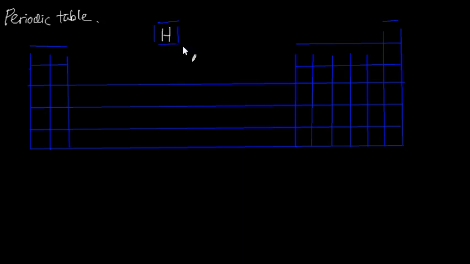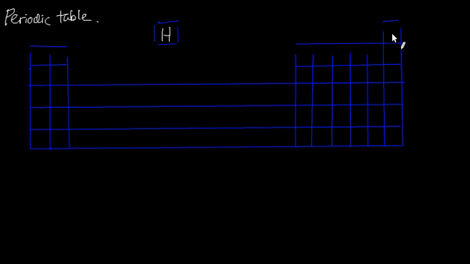Now, the idea of a periodic table is that the atoms of the elements are arranged in order of the number of protons. But historically, when the periodic table was first discovered, the atoms are largely arranged in order of their atomic masses, which over the past few hundred years has been measured very accurately.